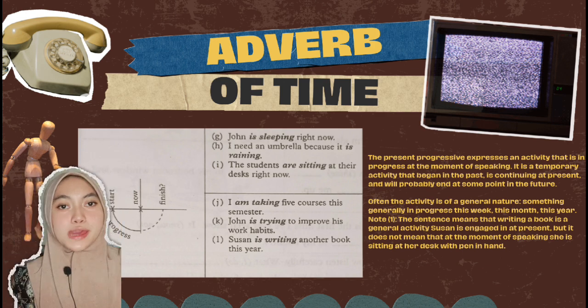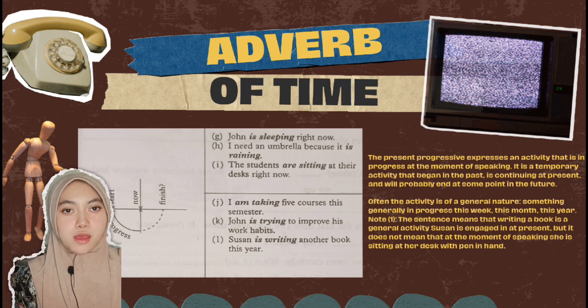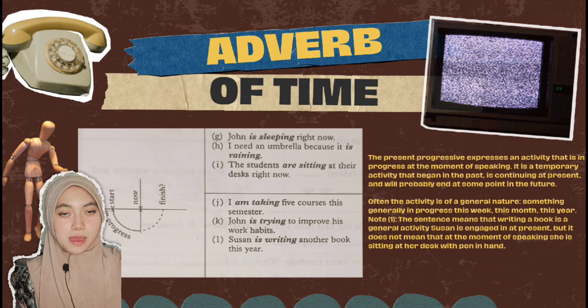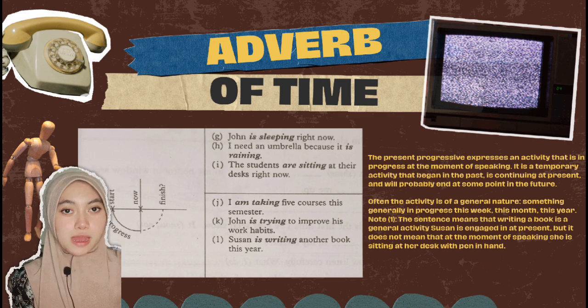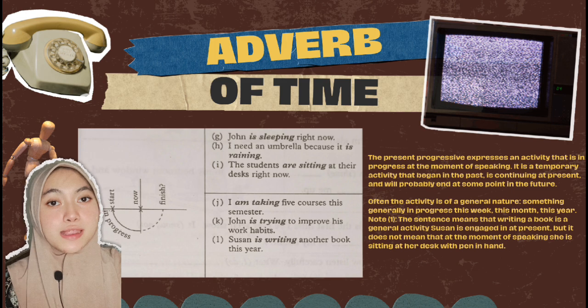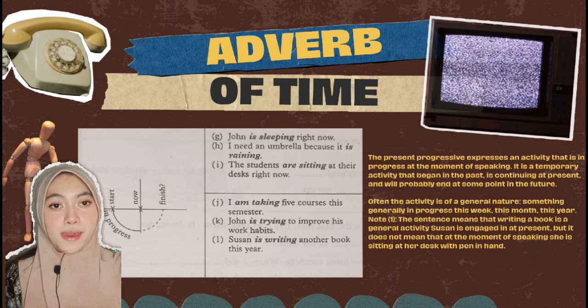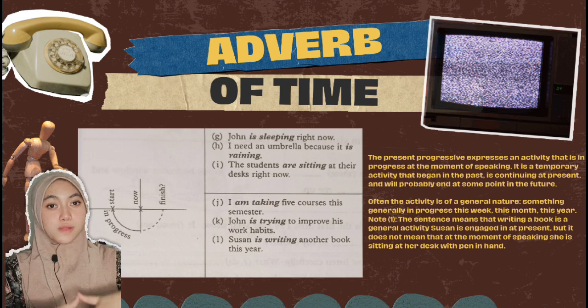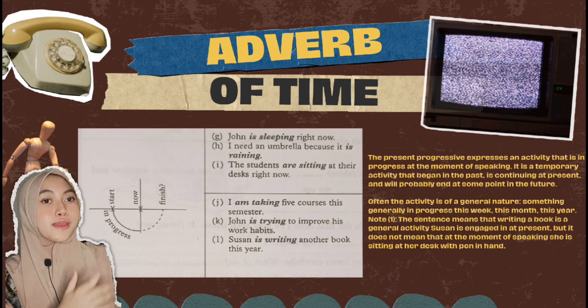In the example, we can see the first kind of adverb of time in continuous tense. It's an activity that starts from the past and continues at the present, and it will continue to some point in the future.